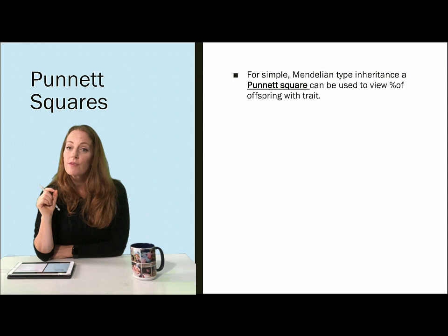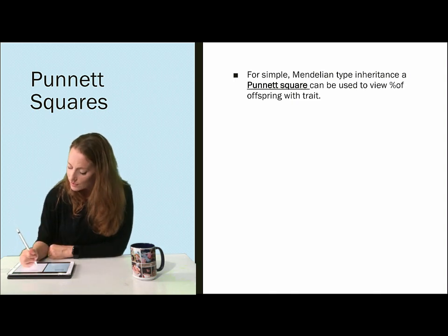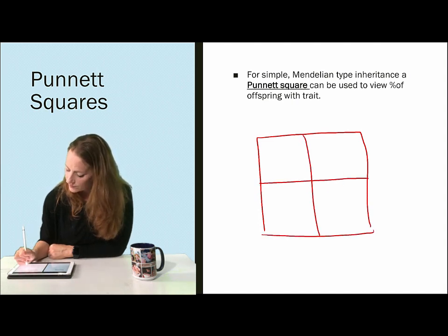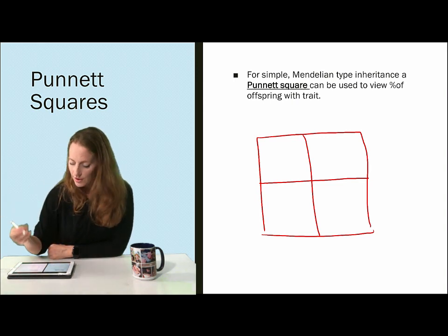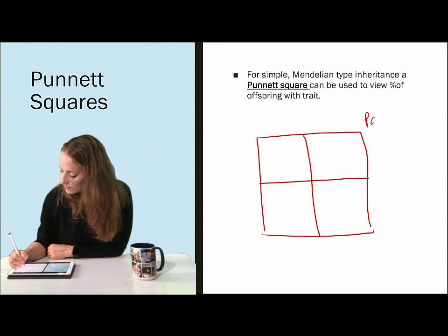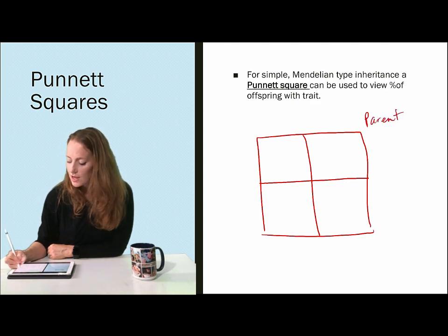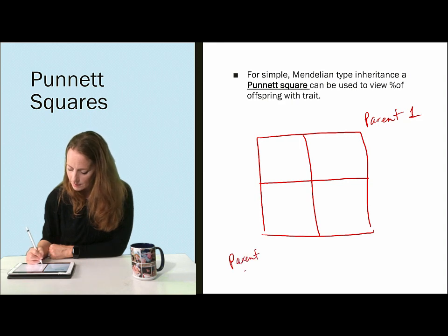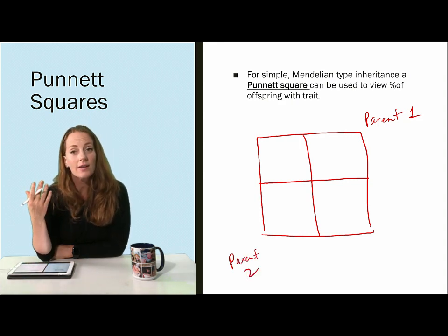So for a Punnett square, you're going to draw a box with 4 squares, and then you're going to draw the parent genotypes from parent 1 and parent 2 and cross them.